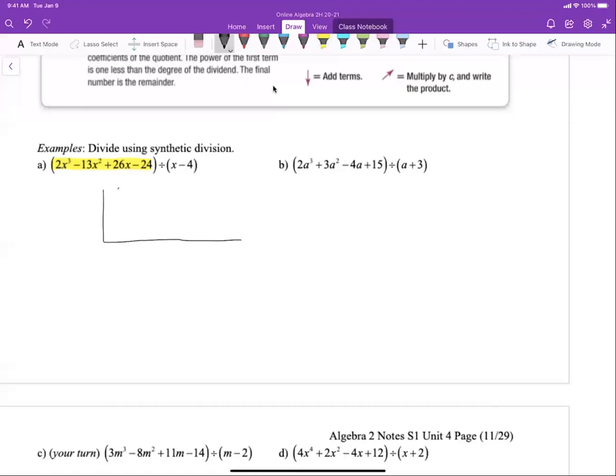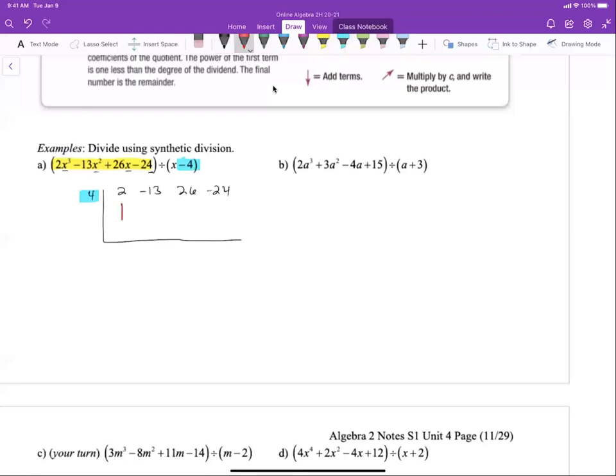So this is 2, we have a minus 13, we have a 26, and we have a negative 24. Now notice that I have an x cubed, an x squared, an x to the 1, and technically an x to the 0. I do not have to have any placeholders for that. I am then going to switch the sign of that negative 4 and put a 4 there.